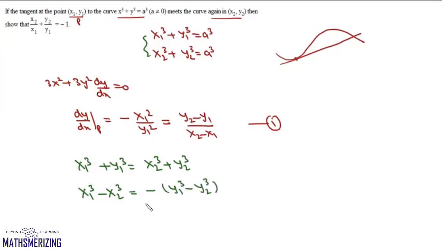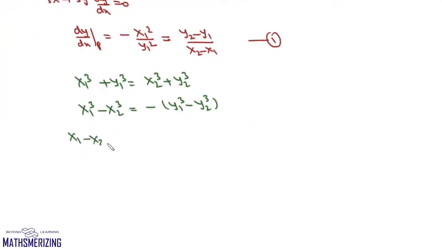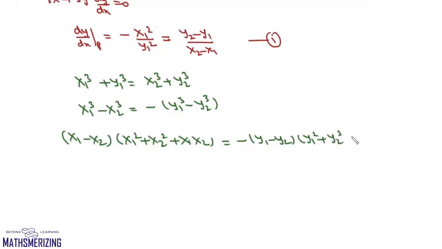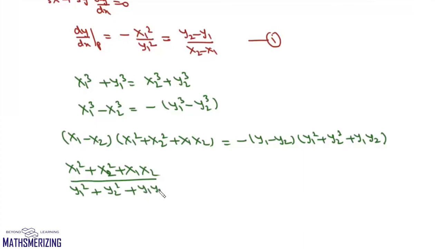Now if we use the cubic formula, we can write (x1 minus x2) into (x1 square plus x2 square plus x1 x2) equals minus (y1 minus y2) into (y1 square plus y2 square plus y1 y2). Now if we rearrange it, we can write (x1 square plus x2 square plus x1 x2) upon (y1 square plus y2 square plus y1 y2) equals minus (y2 minus y1) upon (x2 minus x1).